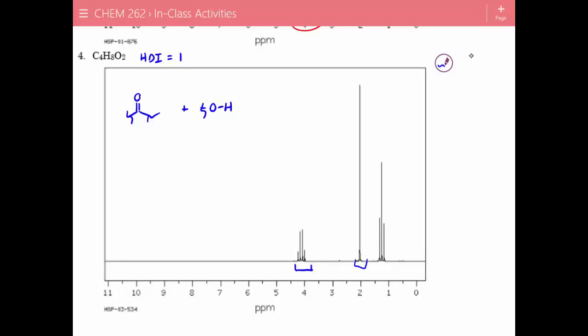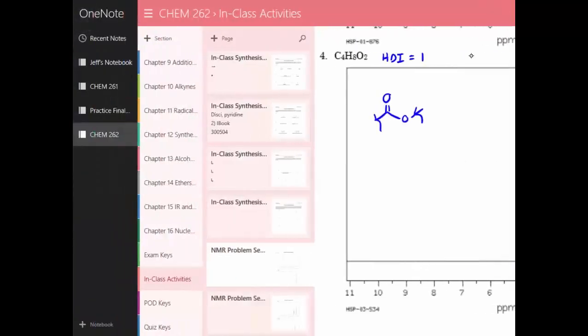They're not these really big, sharp peaks here. This really big peak here tends to be something that contains more protons than just one. The other option that I think would work well for this is some sort of ester. So if we look at esters and we go back to our correlation guideline, let me pull that up.